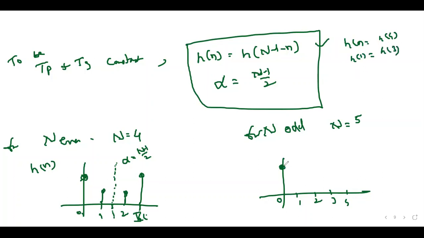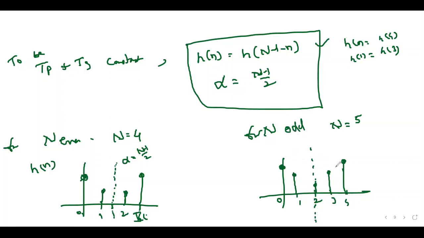So h of 0 must be equal to h of 4 and h of 1 must be equal to h of 3, and h of 2 may be any value because there is no other point here. The alpha value here is 5 minus 1 by 2, which is equal to 2. That means the center of symmetry is exactly at the center of the impulse response.